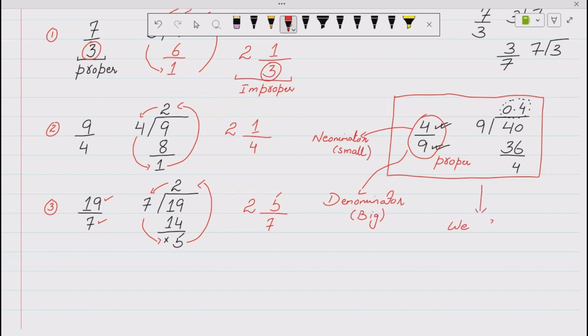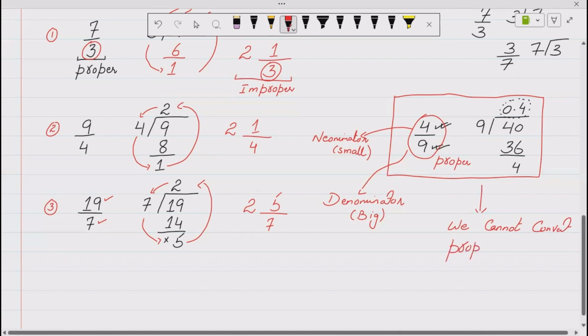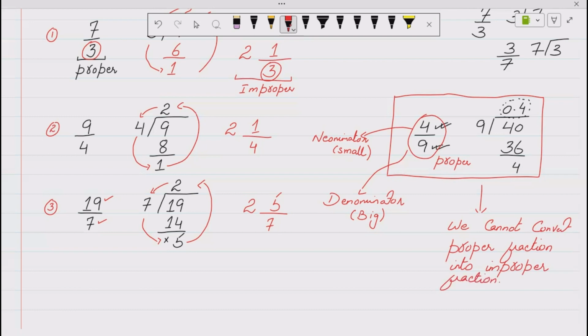We cannot convert a proper fraction into an improper fraction. So always remember that we can't convert those proper fractions in which the numerator is small and the denominator is big into an improper fraction. We can't convert this proper fraction into improper because here the numerator is small and the denominator is big.